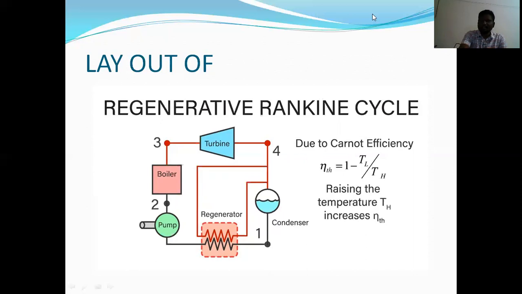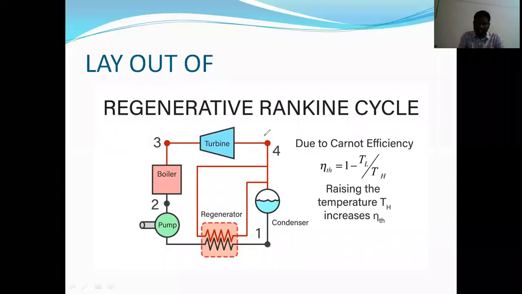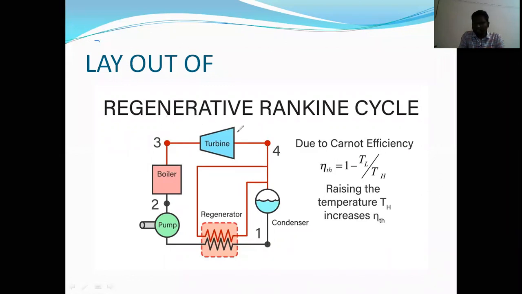In the basic Rankine cycle, the steam which is expanding through the turbine will directly go to the condenser.